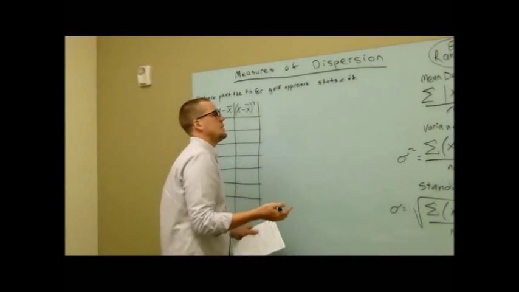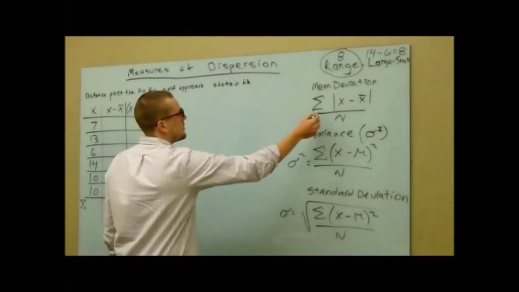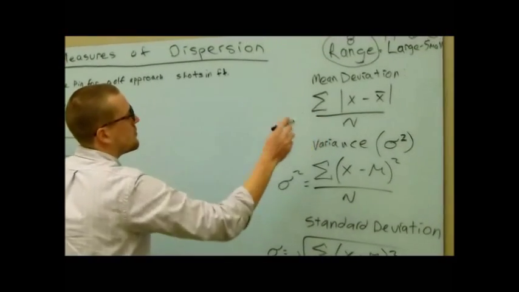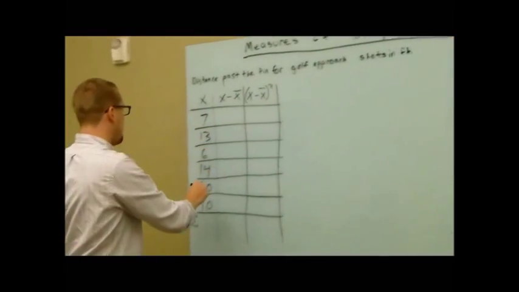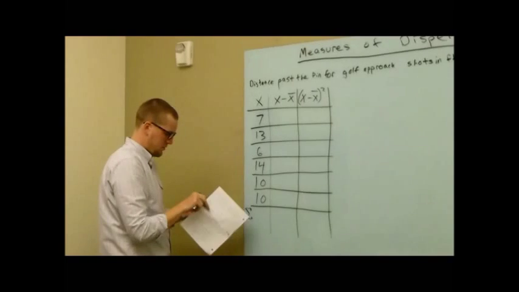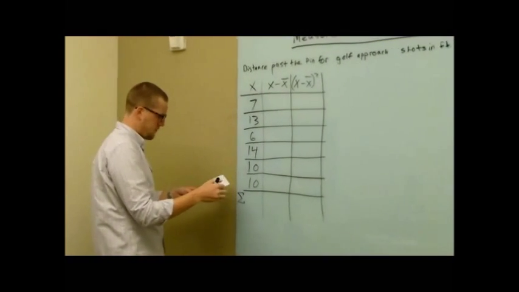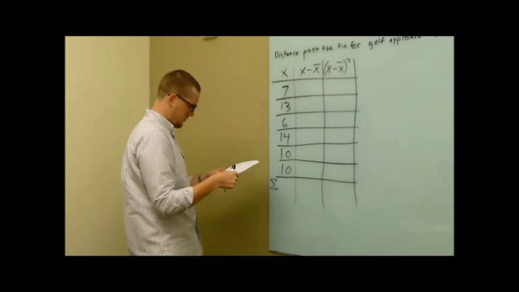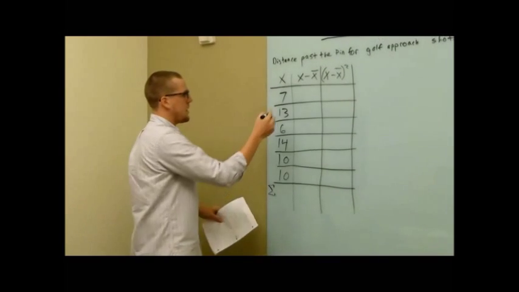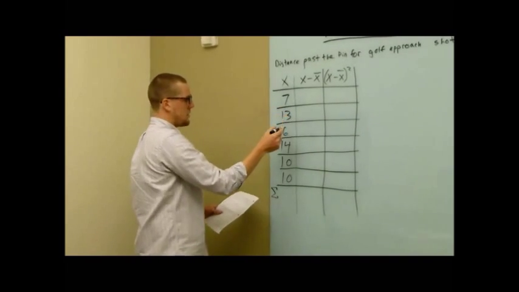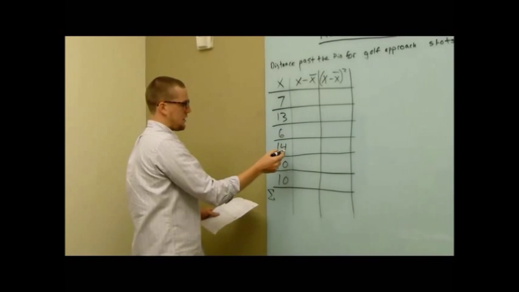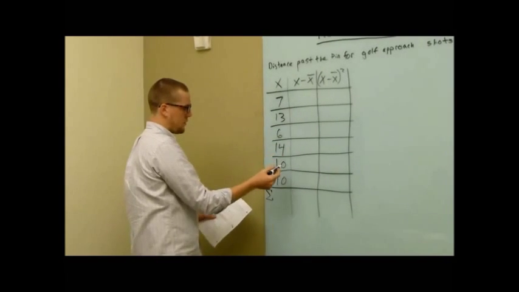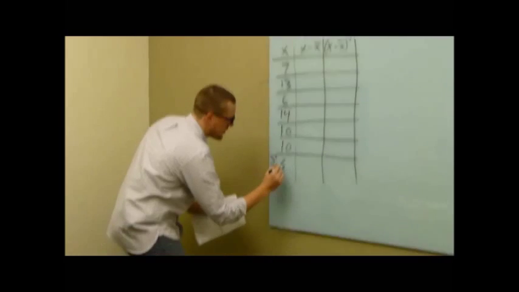Now we'll go on to the mean deviation. Well, before we can do that, we need to add up x. Well, quick math. 7 and 13 is 20, and 6 is 26, and 14 is 40, 50, 60.